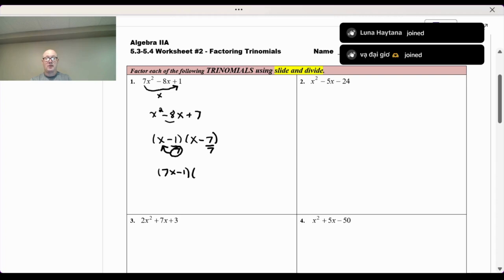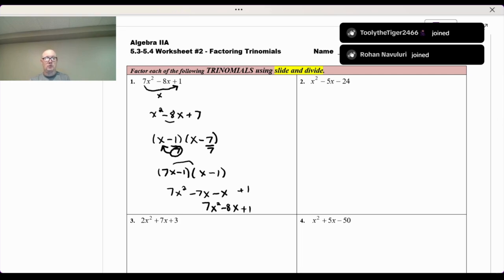Then this simplifies to x minus 1, and then we can check our answer. We would get 7x squared for the first, outers would be minus 7x, inners would be minus x, and last would be plus 1, which is 7x squared minus 8x plus 1. So that would be the first one with slide and divide.